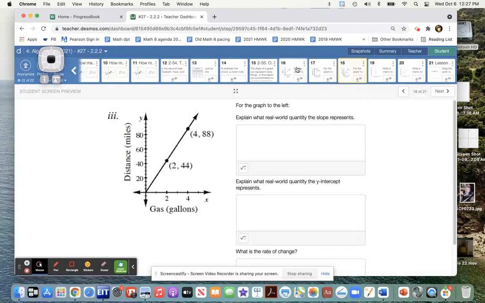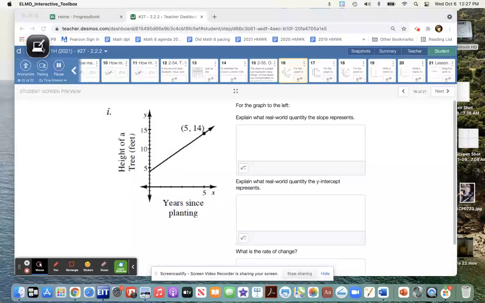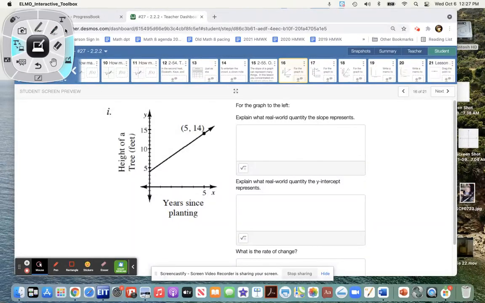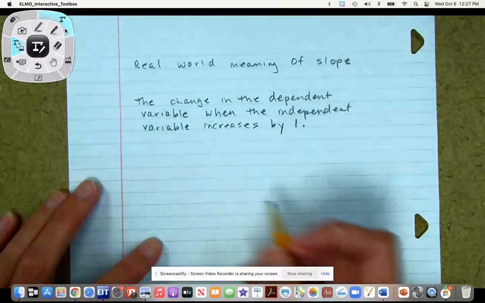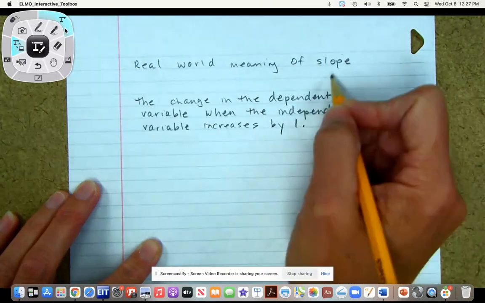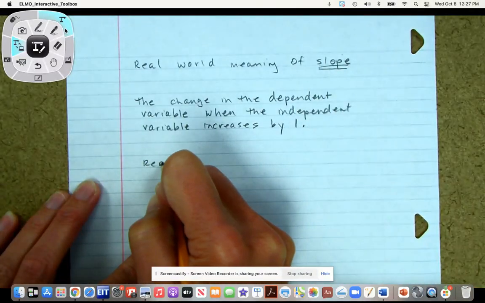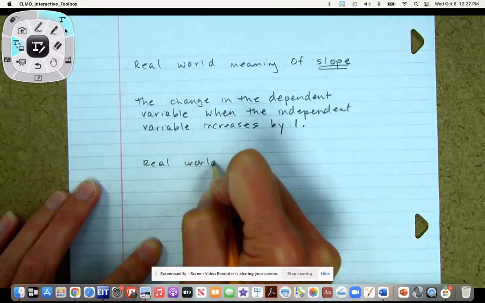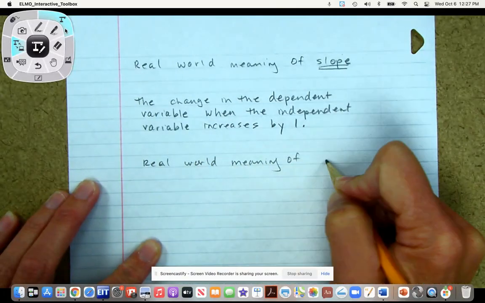Okay, all right, so how about the real world quantity that the y-intercept is? Let's write something down about that. Okay, so this is the real world meaning of the slope. What's the real world meaning of our y-intercept?